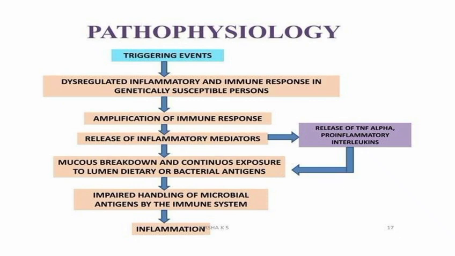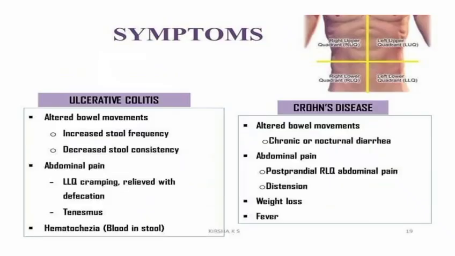After that, there is mucus breakdown and continuous exposure to dietary or bacterial antigens. Then there is impaired handling of the microbial antigens by the immune system, which causes inflammation.